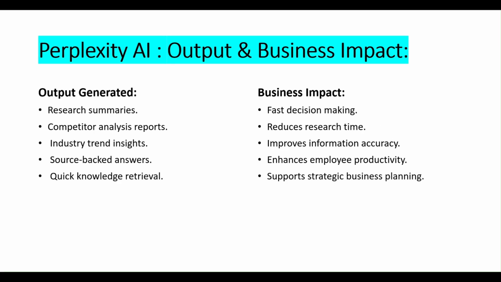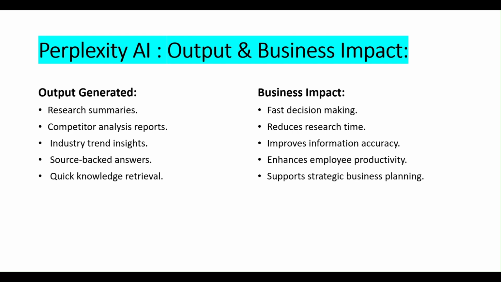So, using Perplexity AI, the information we receive is already organized and easy to understand. Instead of collecting data from different websites, everything is available in one place with proper references. This makes research much simpler and more reliable.